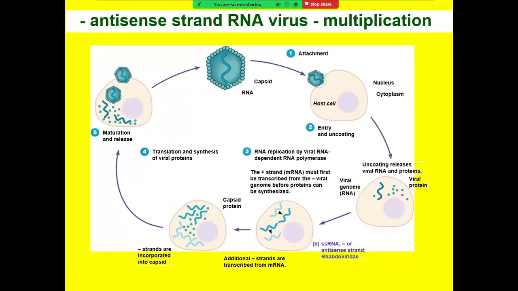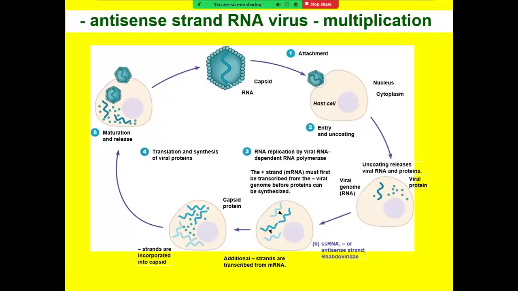The negative strand RNA gets brought into the cytoplasm and then will replicate in the cytoplasm, first making the antisense of the negative sense, which in this case will be the positive sense RNA, and then using the positive sense RNA to make more of the genomic RNA, and that's the negative single strand RNA molecule.